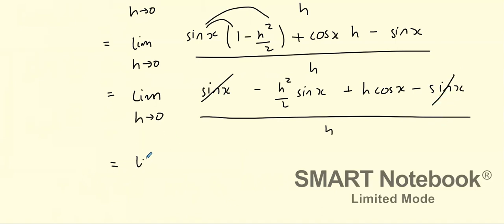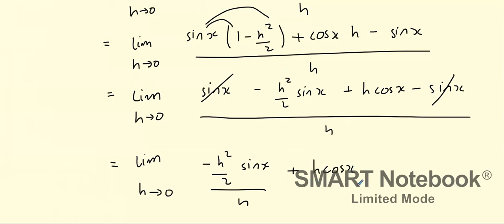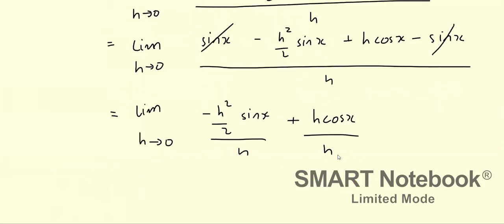And so now we are left with the limit as h tends to 0 of minus h squared over 2 sine x over h plus h cos x over h.